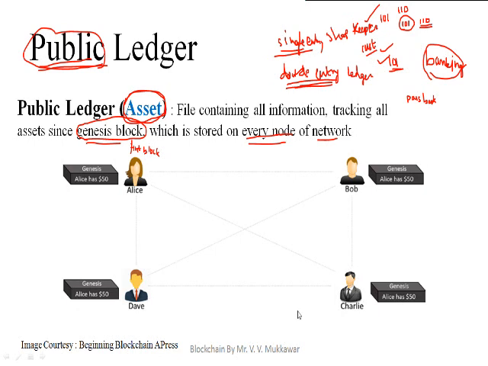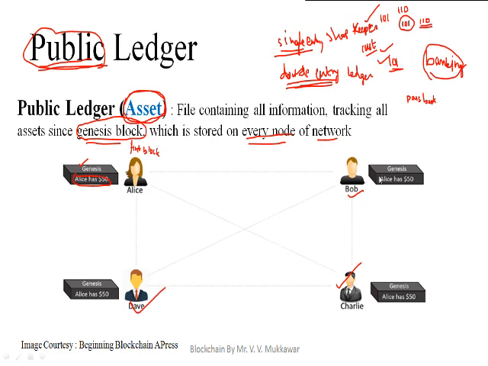So the first time, Alice has $50 available with her. So in the Genesis block we have the record that Alice has $50 available with her. Now the same record of the transaction is available with Bob, the same will be available with Charlie, and the same will be available with Dave.